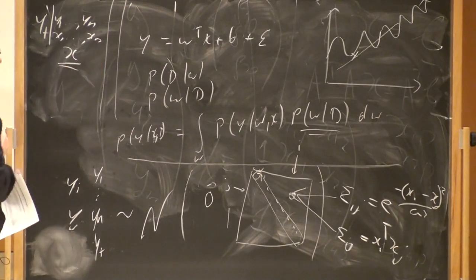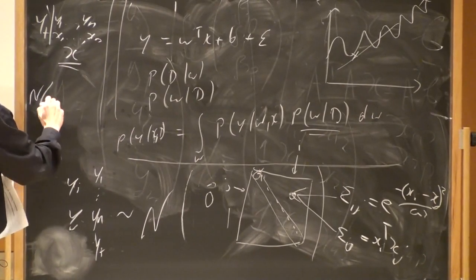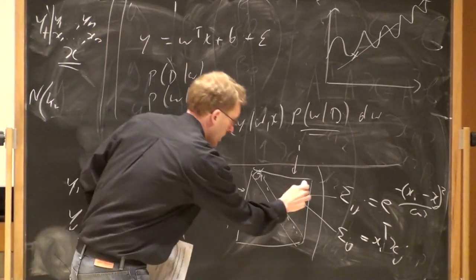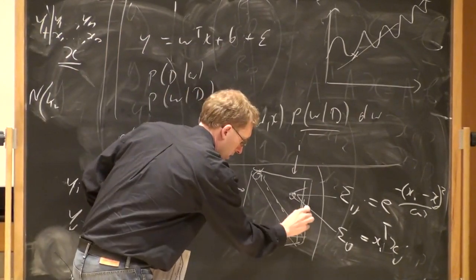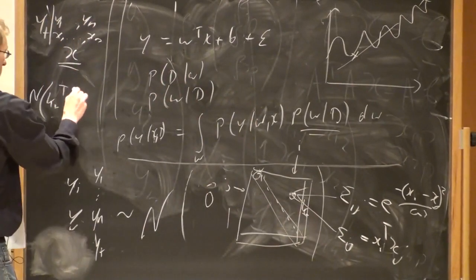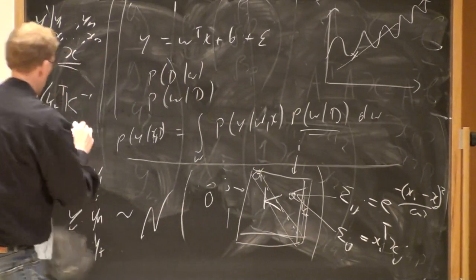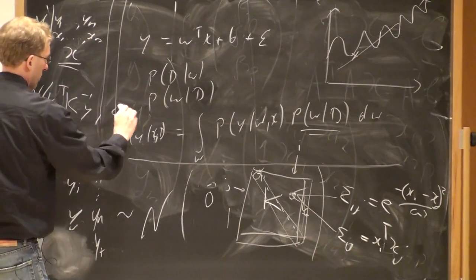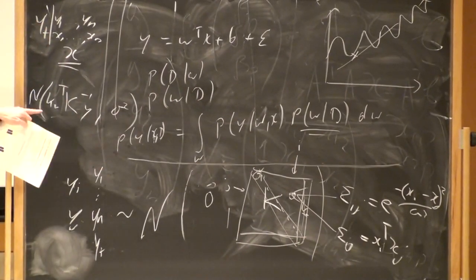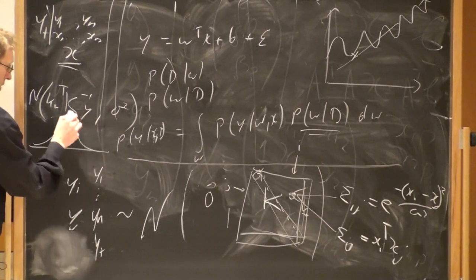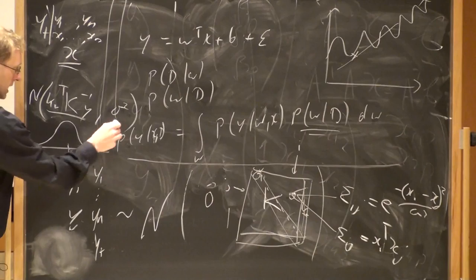So this here is again Gaussian distributed, with some value k star transpose k minus 1 y, where this here is my k. And then you have some sigma term. And the beauty is, this is now a one-dimensional Gaussian distribution, where this here is my mean, and this here is my variance.